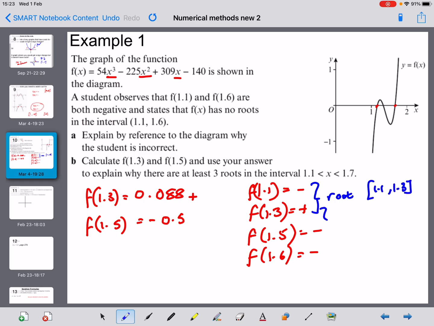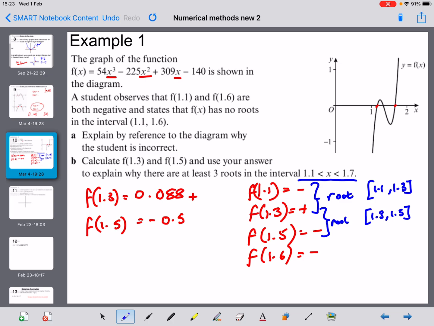There's a root here in the interval 1.3 to 1.5. But so far we've only got 2 roots. Okay, but it does say in the interval 1.1 to 1.7.